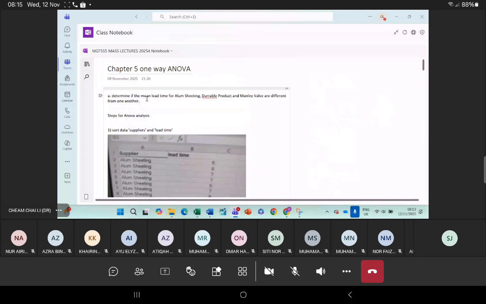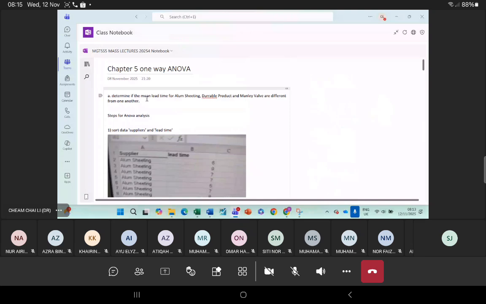So maksudnya semua mean untuk tiga group ini adalah sama. That is the null hypothesis. Alternative hypothesis, you write mu1 not equal to mu2 not equal to mu3. So maksudnya setiap mean untuk tiga group ini adalah berbeza.